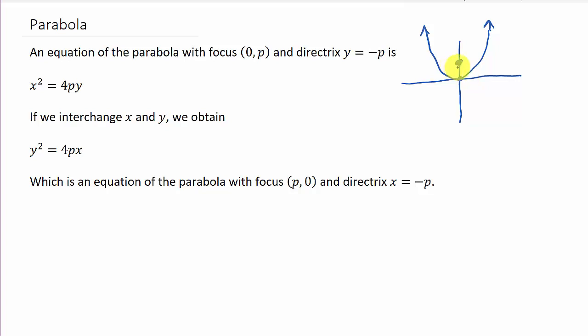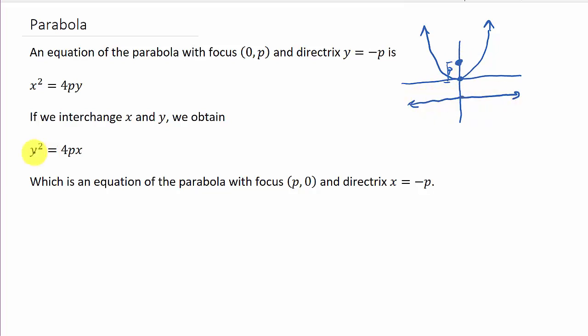So your focus, this distance from here to here is p. That's that distance, p. And then p units down would be your directrix. So that's what we're looking for. Once we find p, we can get the coordinates of the focus and we can get the directrix.